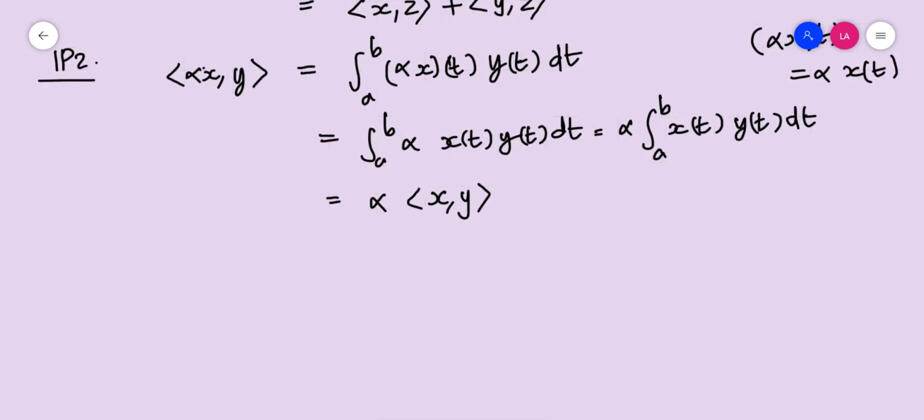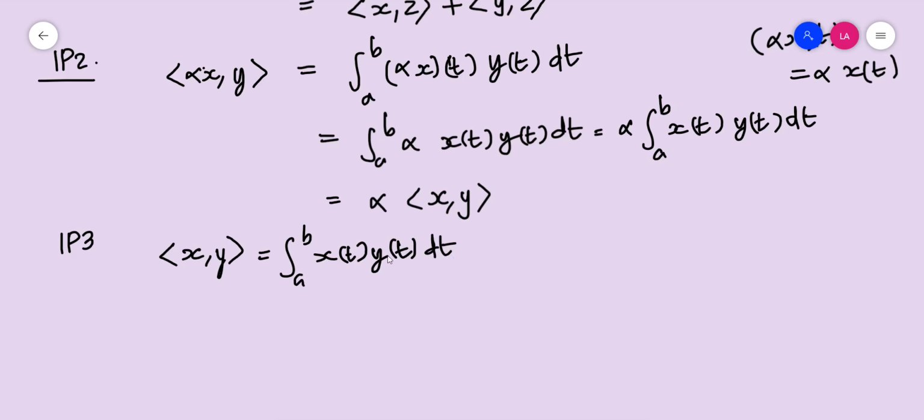So moving on to the third property, which is inner product of xy should be equal to integral a to b x of t y of t dt.